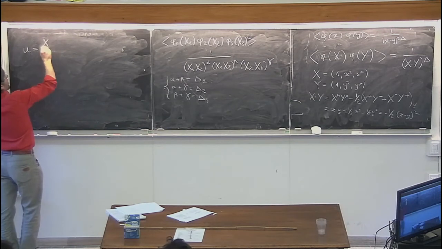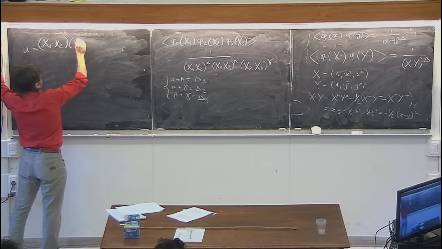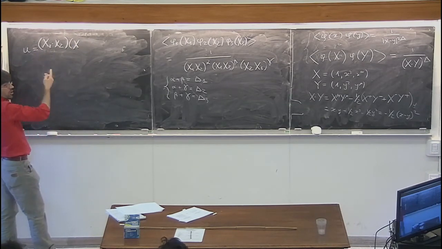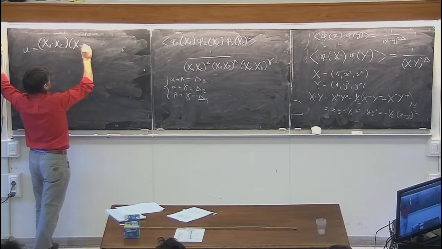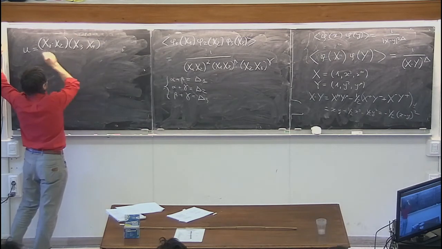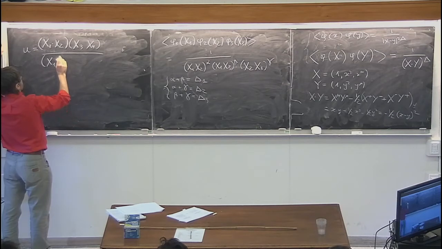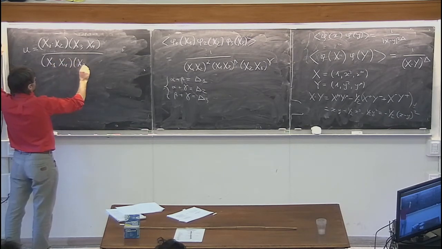Now I'm writing what this cross ratio is on the cone. u was equal to (x1 x2) times (x3 x4), over (x1 x3) times (x2 x4).